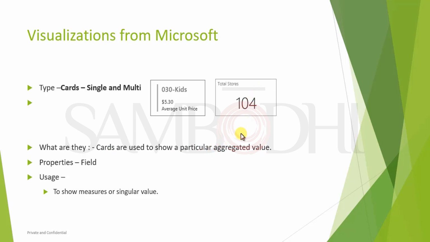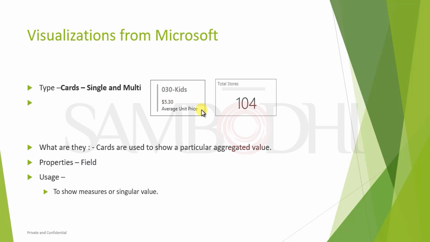So you want to have a sum of stores, total revenue, total target, count of sales, number of employees, absent, present. Such numeric singular values can be found. What do you configure these cards as? These cards are configured using the property known as field.